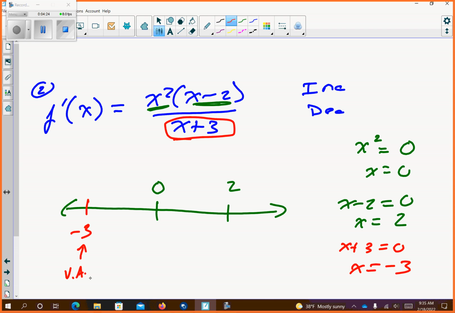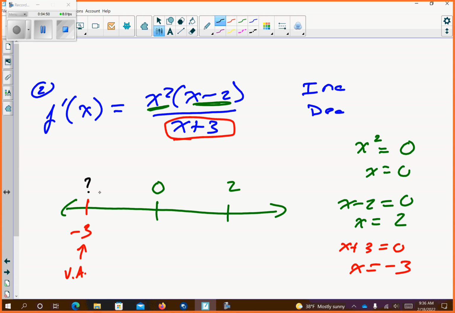Negative 3, because it's in the denominator, creates a vertical asymptote, and that's part of our derivative. This is what our derivative is. Yes, there is a way to do the antiderivative, which is called the integral of a derivative, and you get back to your original equation plus something called a constant. So for right now, I'm going to put a question mark there for a moment.